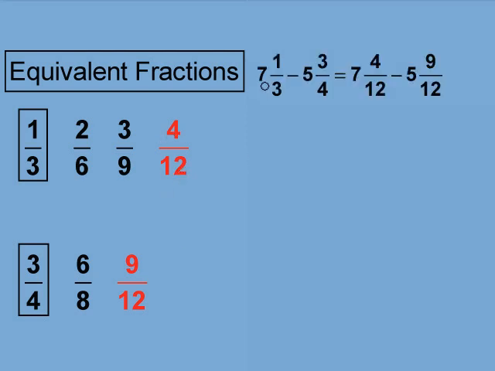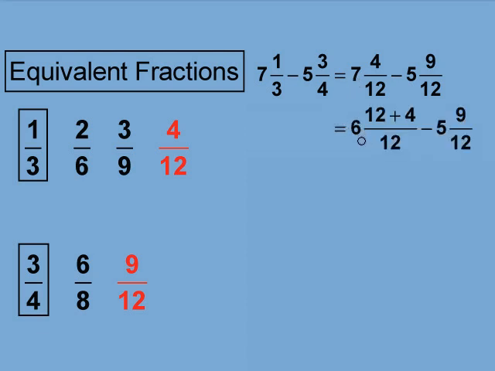Going back to the subtraction expression, let's replace the fractions with the common denominator, as shown here. Because 4/12 is less than 9/12, borrow 12/12 from 7, as shown here.